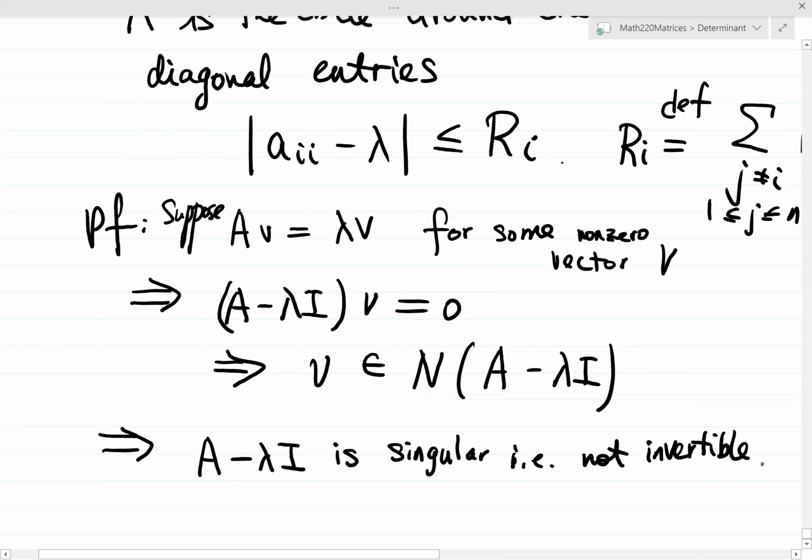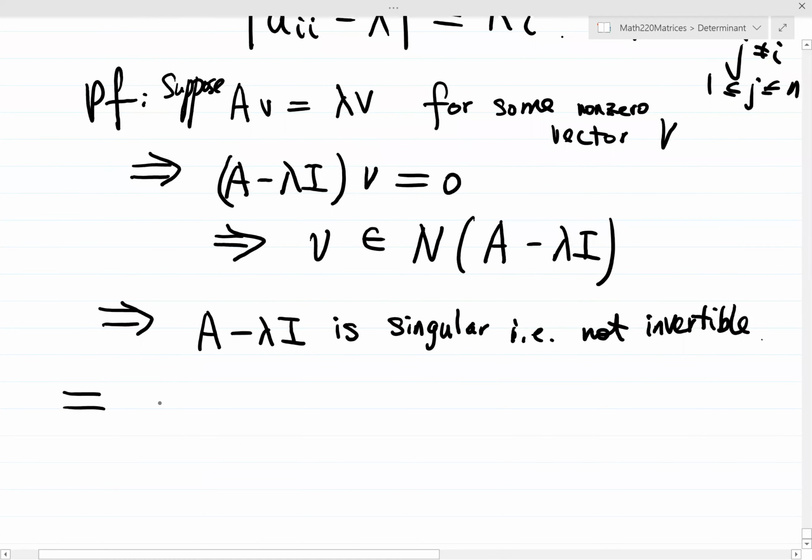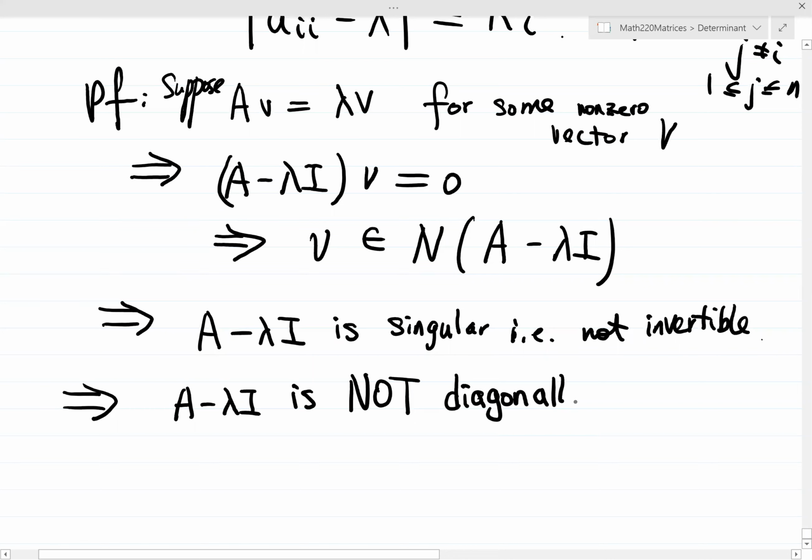Remember, diagonally dominant matrices are invertible. So here, this matrix A minus lambda I is not invertible, which means A minus lambda I is not diagonally dominant.